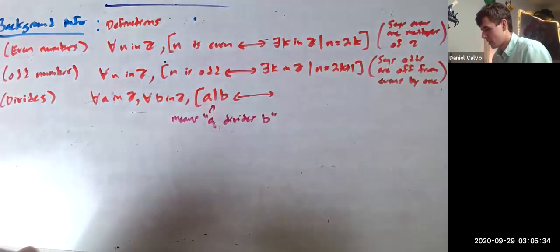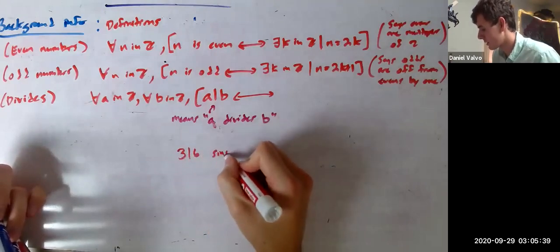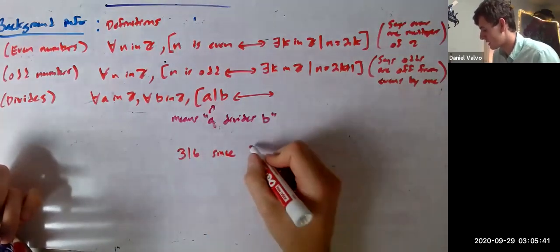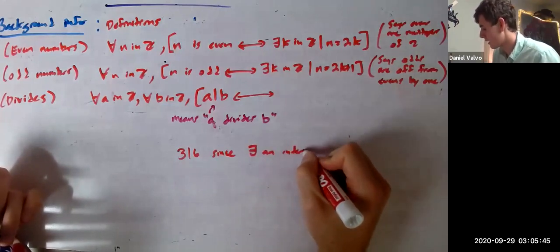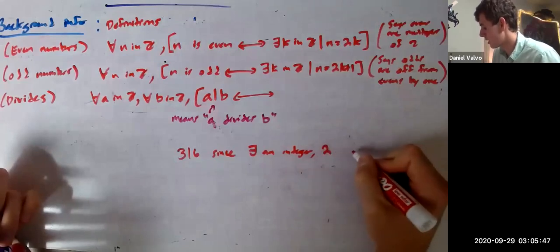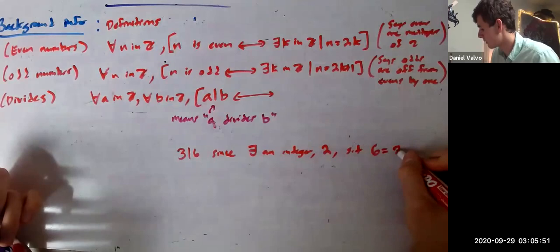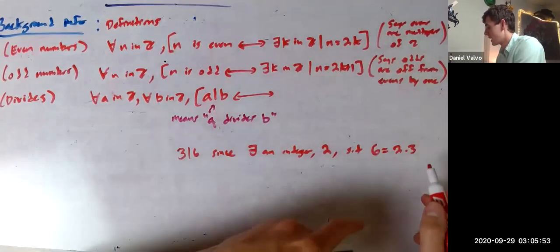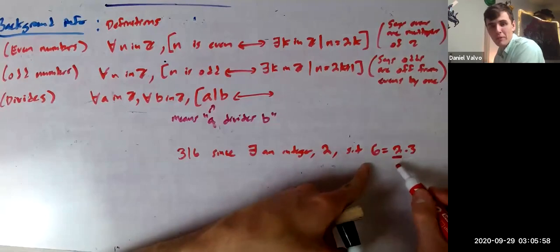So 3 divides 6 since there exists an integer 2 such that 6 equals 2 times 3, meaning 3 goes into 6 an integer number of times.